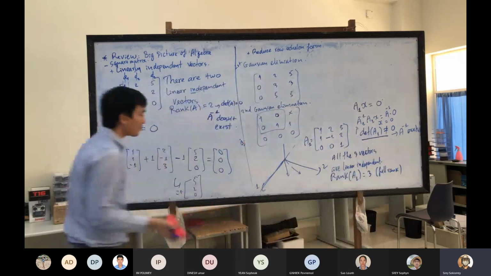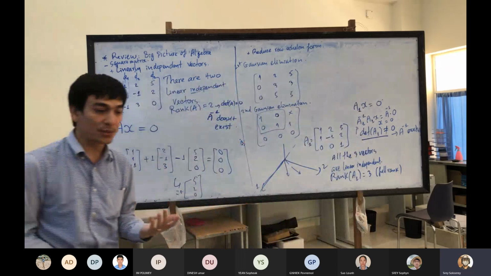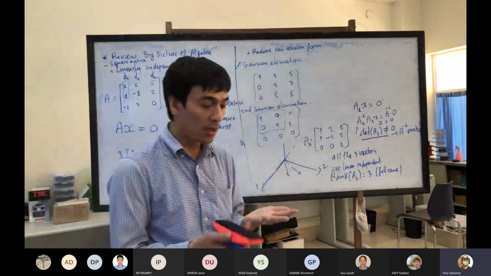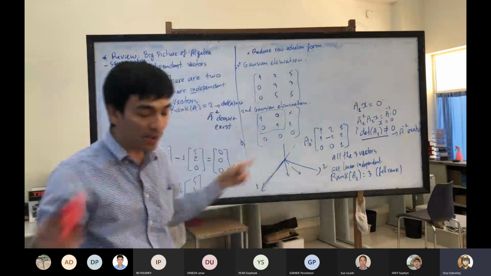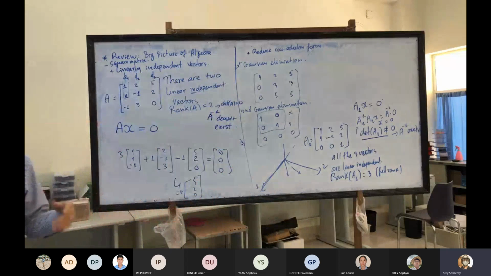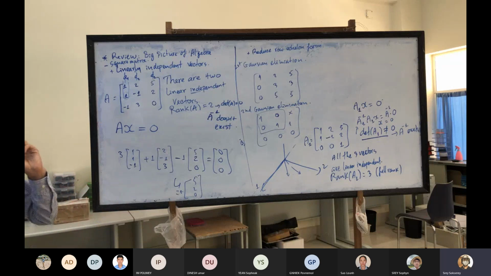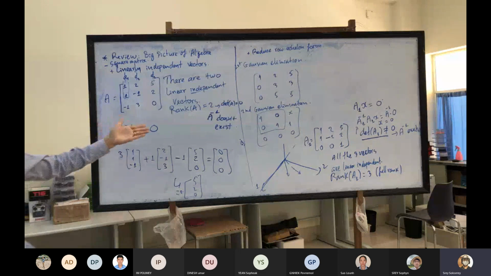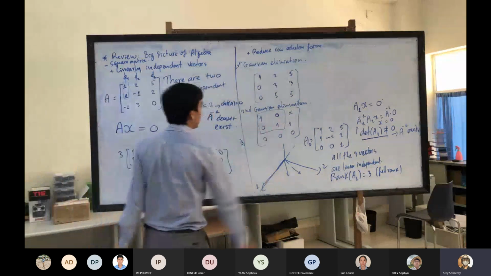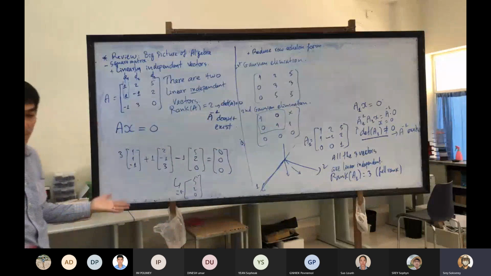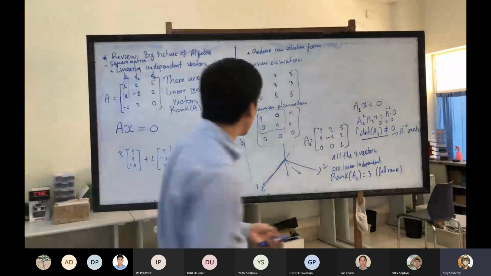It's a very nice property for solving AX equals B, where A is a rectangular matrix that has more columns than rows. So we need the reduced row echelon form, but today I will not cover it.